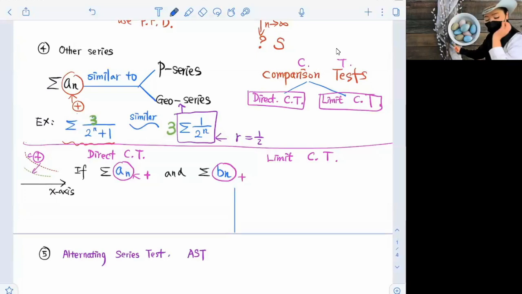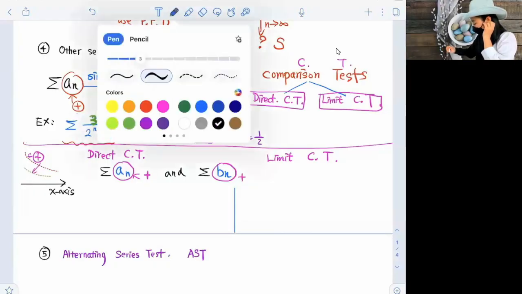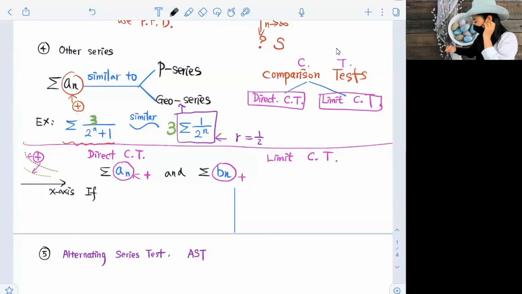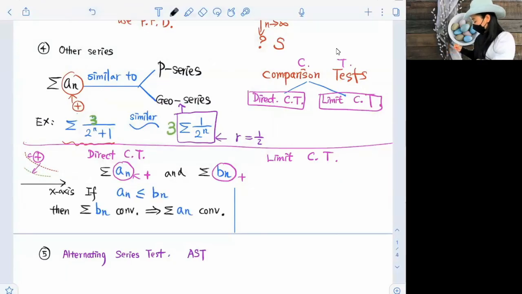For the direct comparison test, how does it work? Just directly comparing them, right? Suppose a bigger series converges, what can we say about the smaller series? Converges. What else can we say? If the smaller series diverges, what can I say about the bigger series?